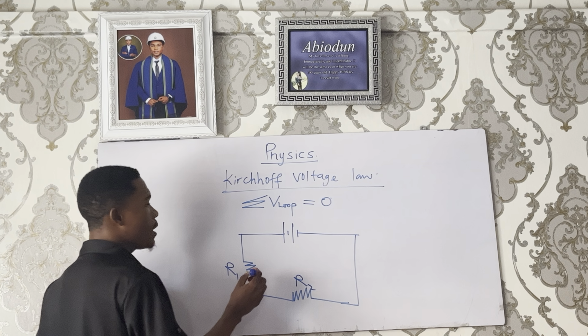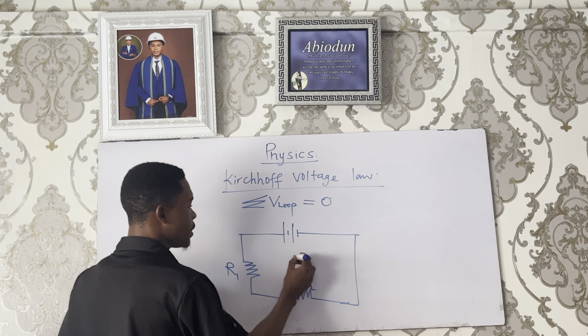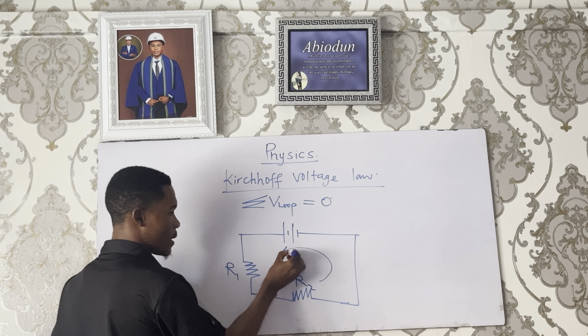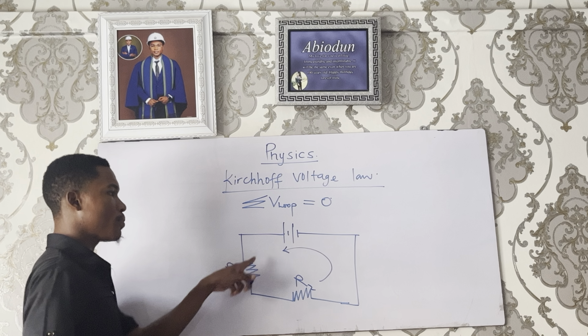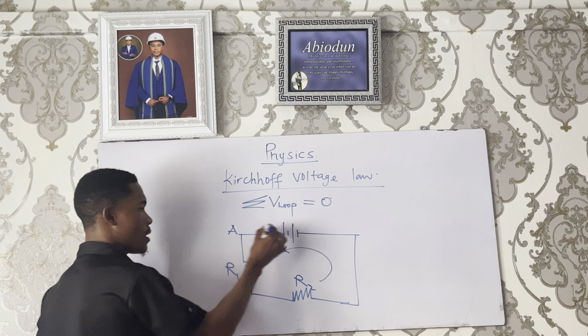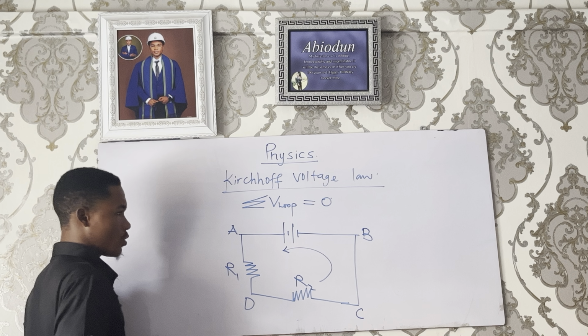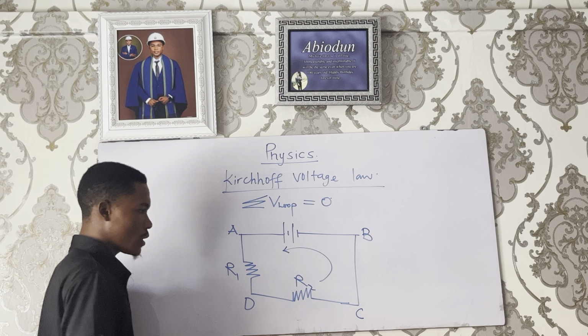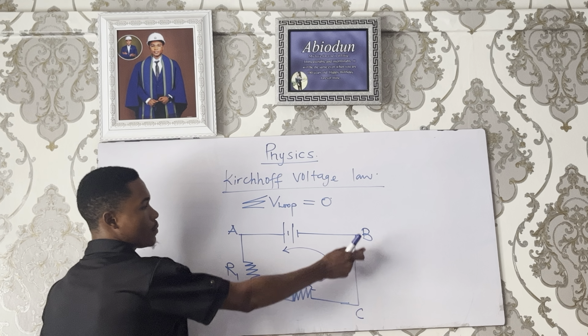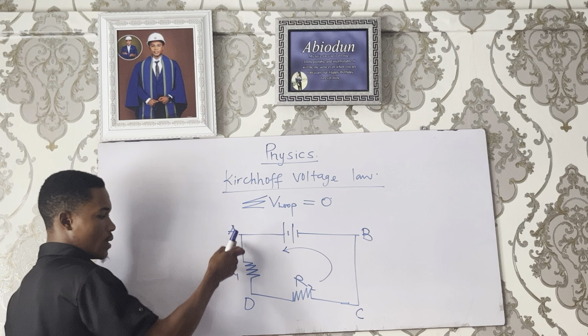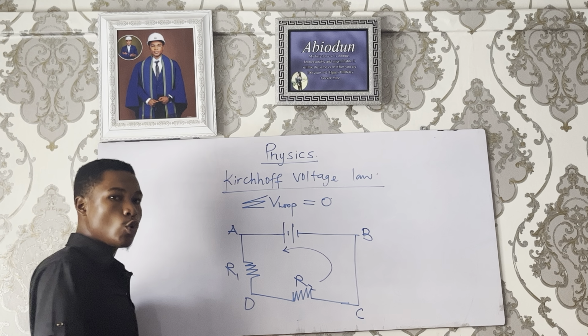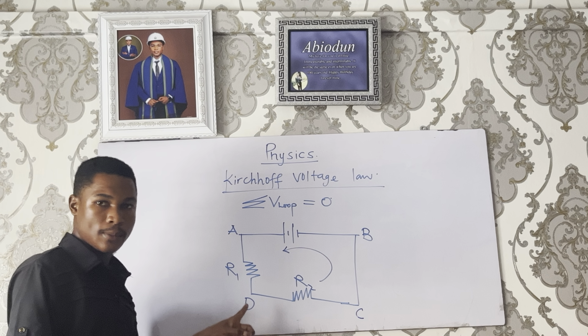Let's say I'm picking my loop this way. Let's say this is the direction of my loop. Let's assume that this is A, B, C, and D. So let's say the direction of my loop is C, B, A, and D. So my loop is moving anti-clockwise.